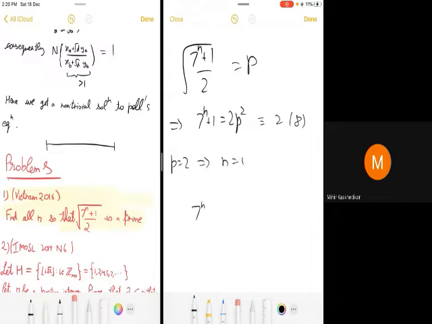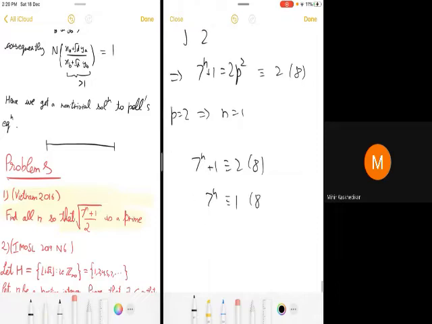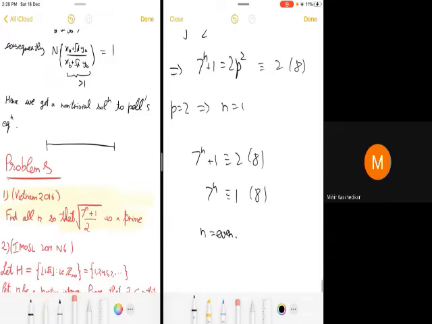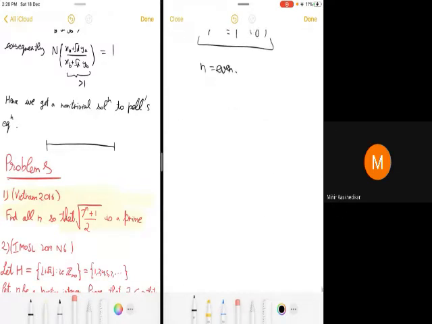So 7 power n plus 1 is congruent to 2 modulo 8, so 7 power n is congruent to 1 modulo 8, and this corresponds to n being even, because for odd n, 7 power n is congruent to minus 1 modulo 8, and for even n it is 1. So we have that n is even except for the case of n equal to 1.